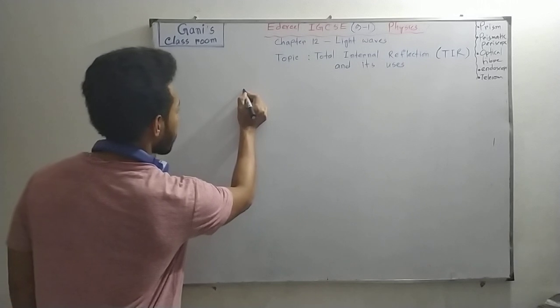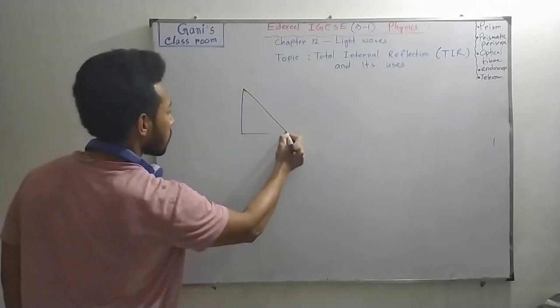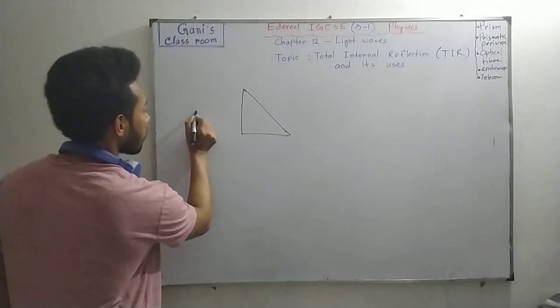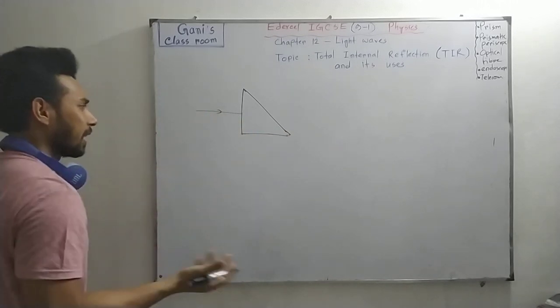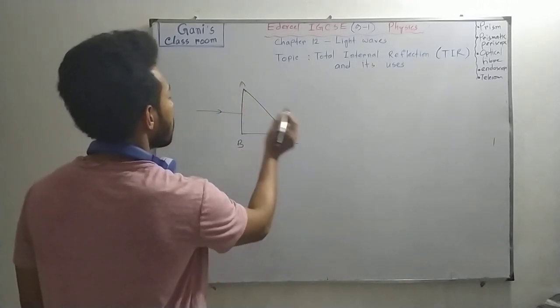If you place a prism this way and target a ray of light from a ray box or laser, this is the surface A, B, and C.